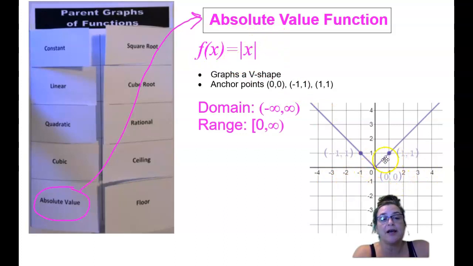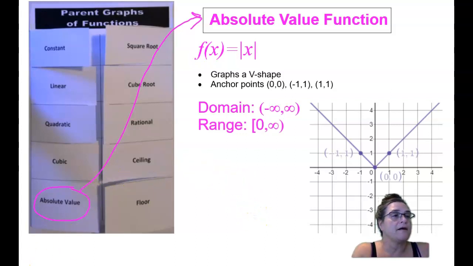So our range is a half-bounded interval from 0 to infinity, including that 0. So it's got the same range and same domain as the quadratic function, but instead of graphing a U-shaped parabola like the x squared function, the absolute value graphs a V. So it's got this real sharp pointy vertex there at the origin.